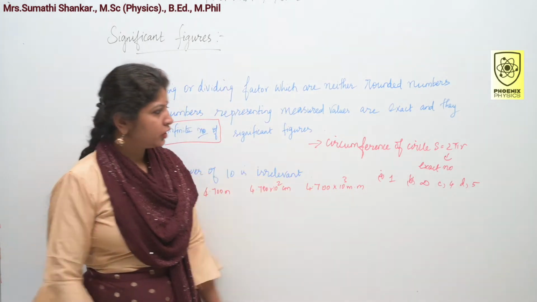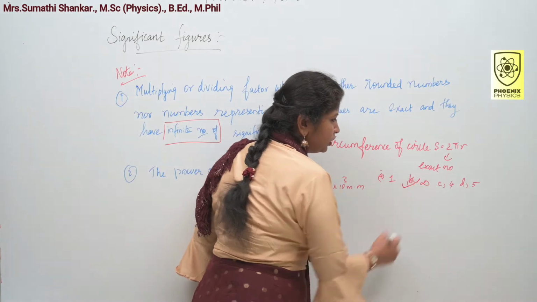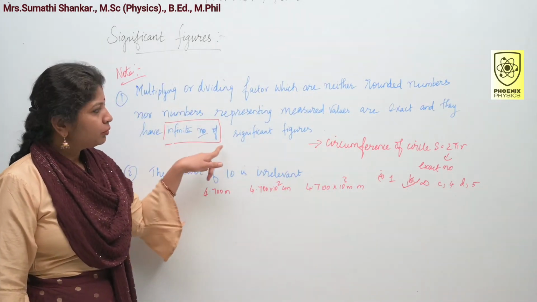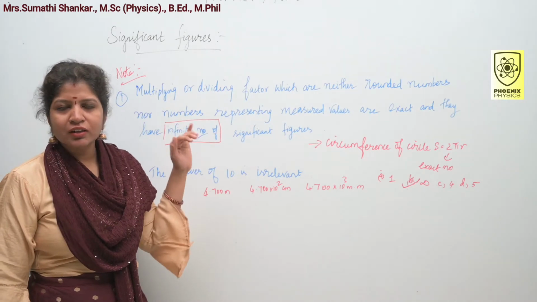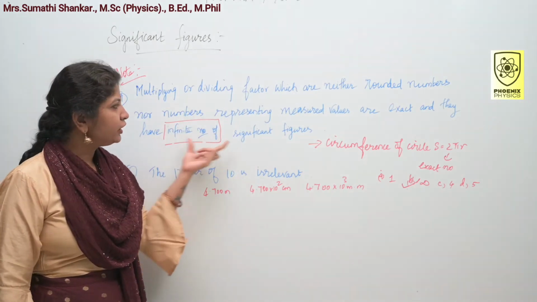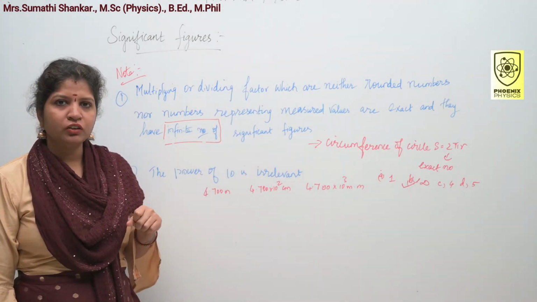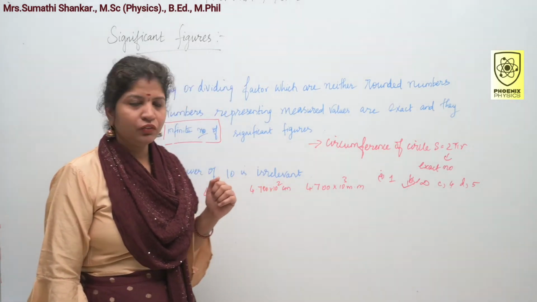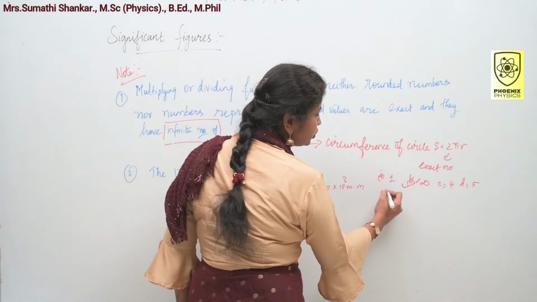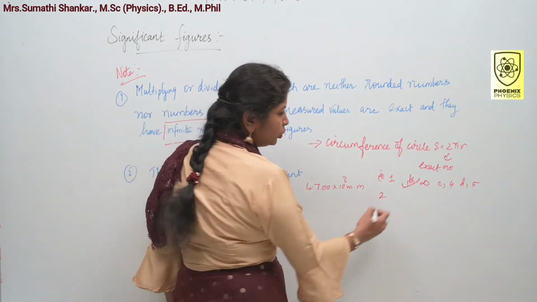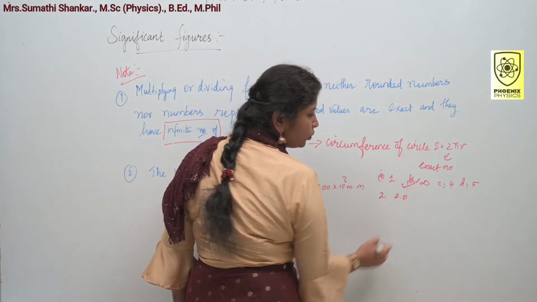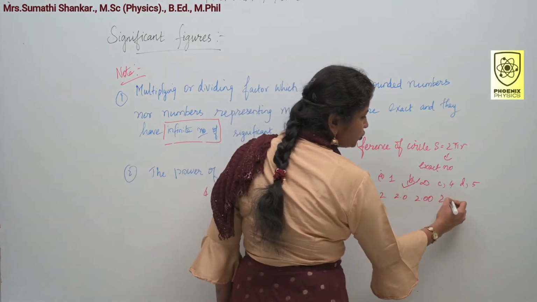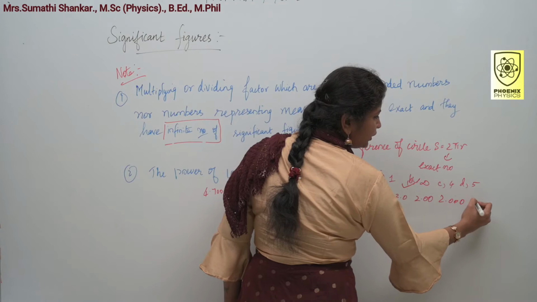Here the answer is infinite. Why? I will explain. Because any constant has an infinite number of significant figures. How do I say infinite number of significant figures? This 2 can be written as 2 or 2.0 or 2.00 or 2.000, like that.